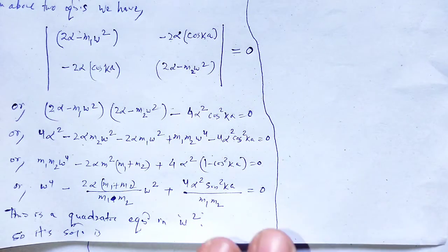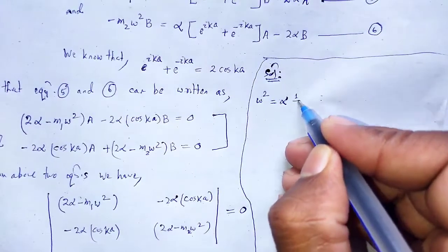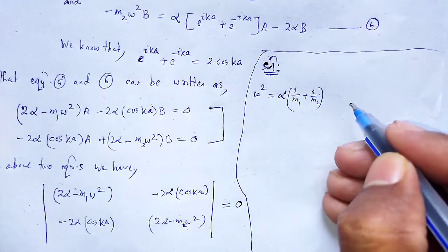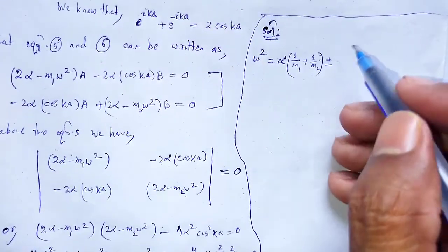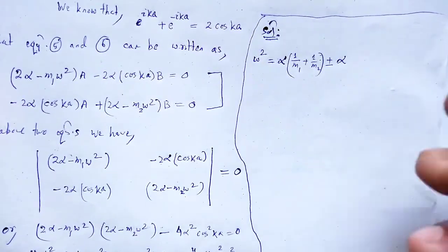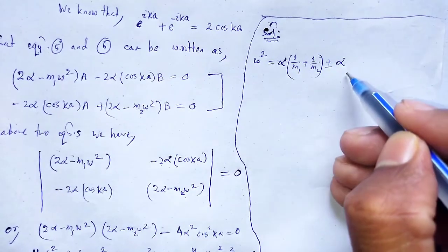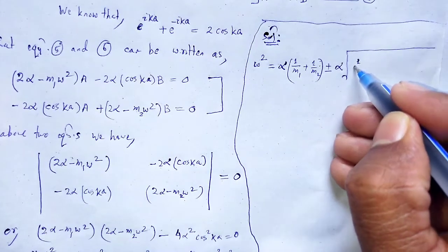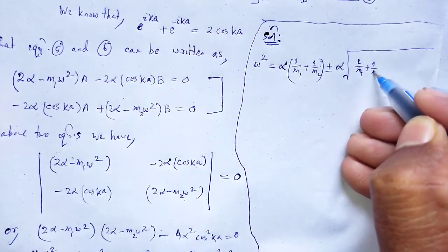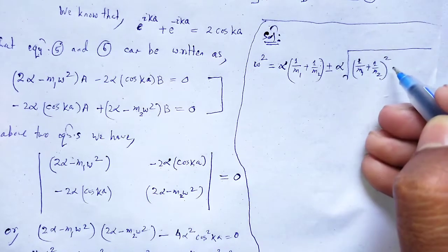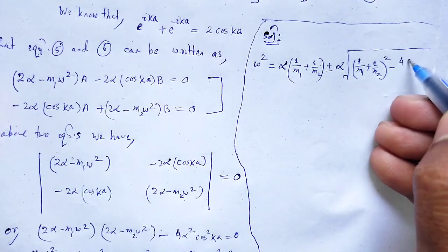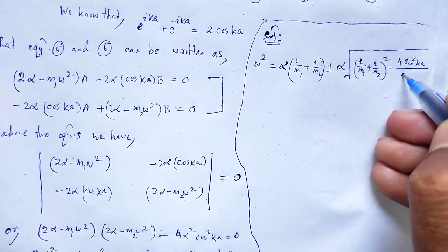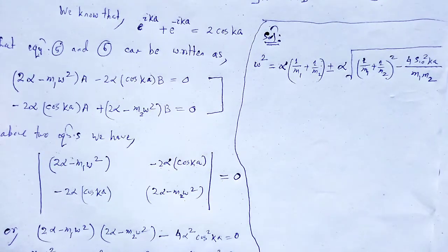So in that bracket we have alpha whole into (1 by m1 plus 1 by m2) plus or minus, again alpha is common throughout, the root term, inside the root (1 by m1 plus 1 by m2) whole square minus 4 sin square ka divided by m1 m2.